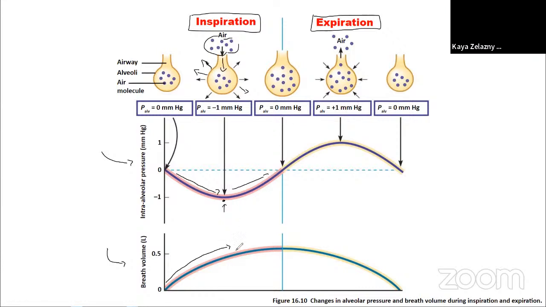Now you are still breathing in here until we get back to zero, even though the intraalveolar pressure is going up. So long as it's below zero, it doesn't matter. The whole time it's below zero, you're breathing in, whether this line is decreasing or increasing.